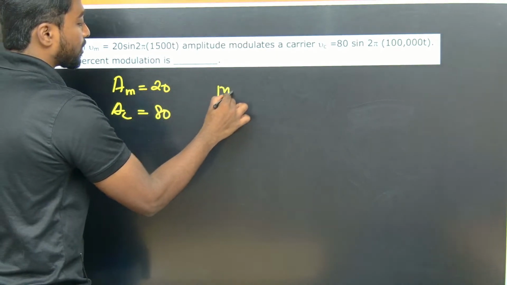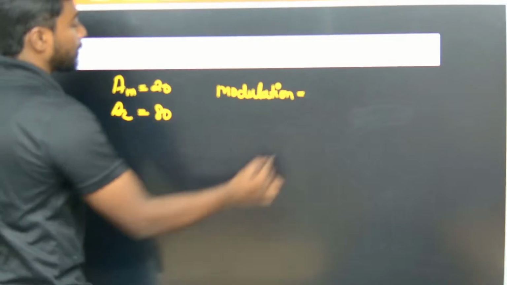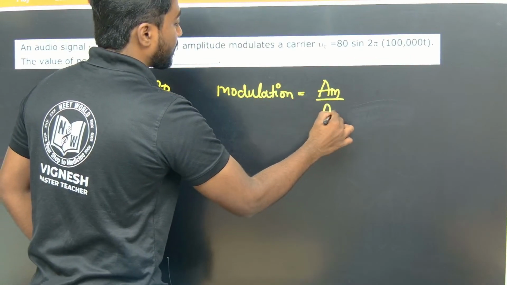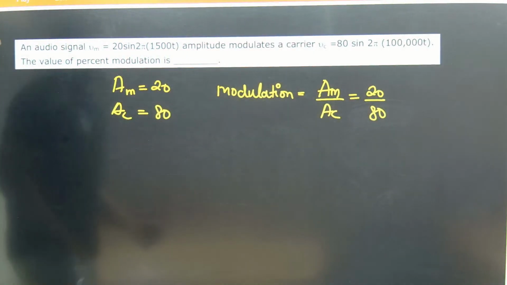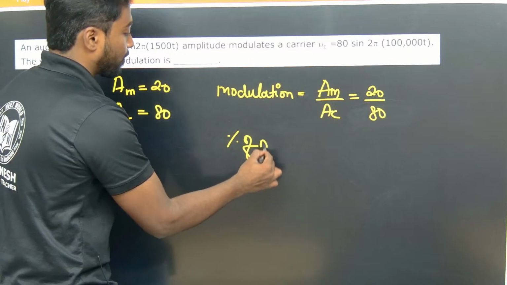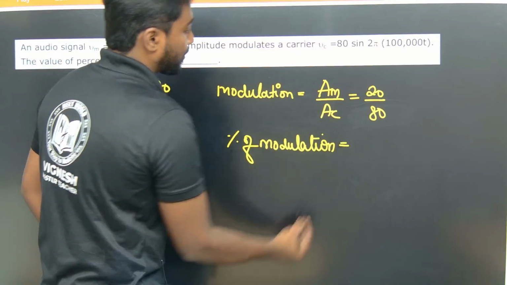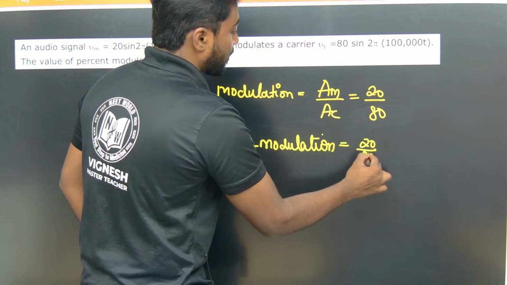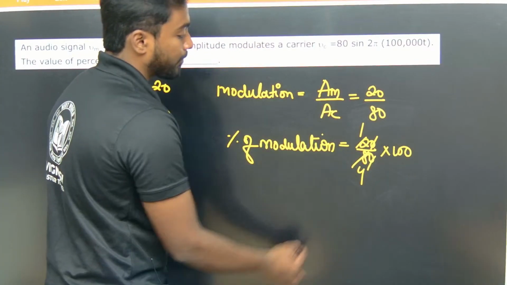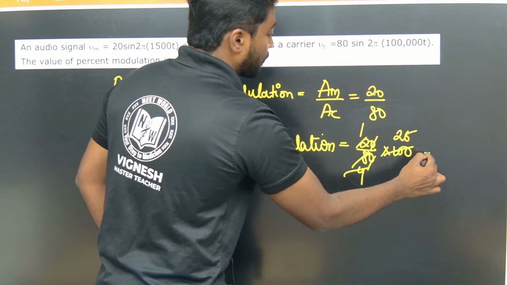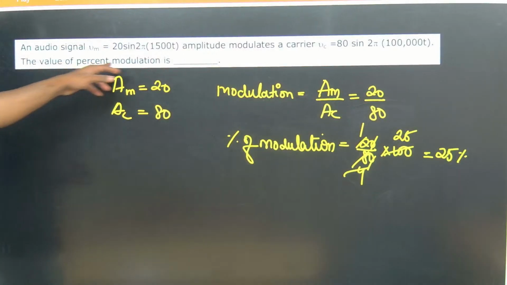So modulation is Am by Ac, which is 20 by 80, and they are asking for the percentage of modulation, which is 20 by 80 into 100. So 10 and 10 cancelled once, and this is 4 times, so this will be 25. The answer is 25%. This is the answer for the given question, the value of percentage modulation.